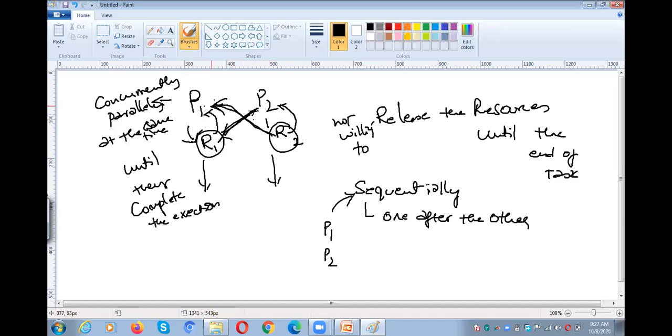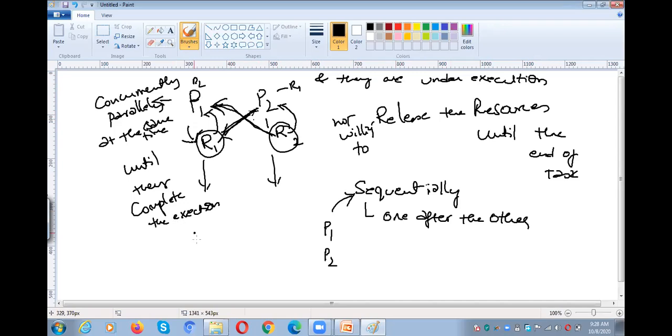But R1 is already allocated to P1 and R2 is already allocated to P2. They are allocated to another process, and both processes are under execution right now, so they don't want to release the resources until they complete the task.